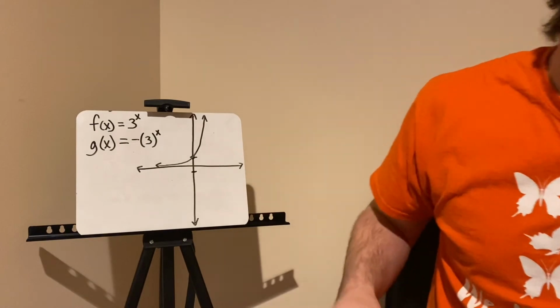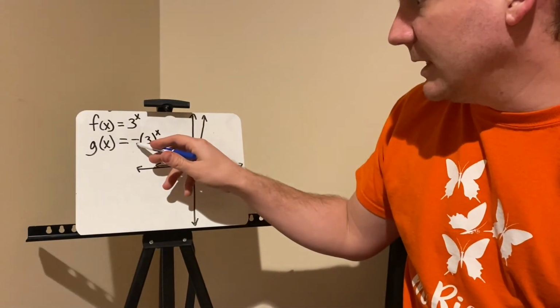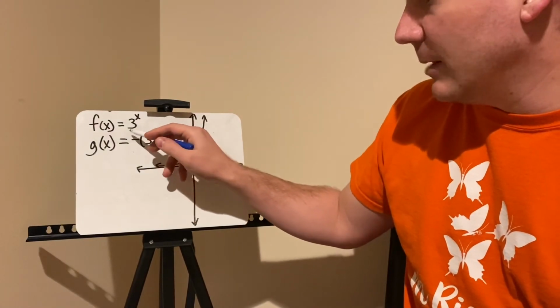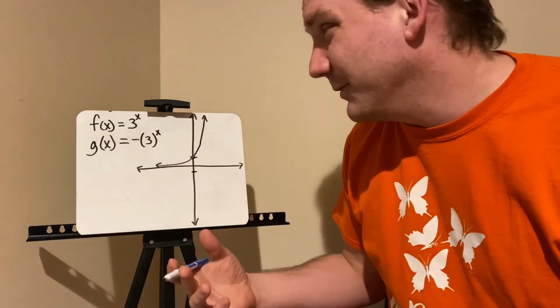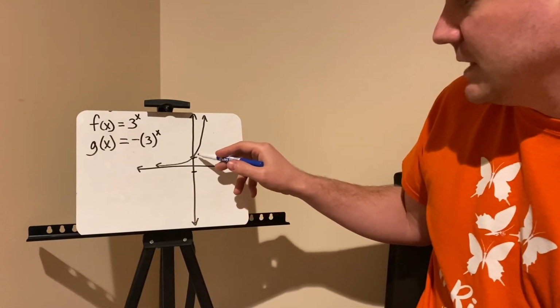This one is a reflection. So the reflection is when you put the negative in front of it. Now be careful, the base here is not -3, but more so like I'm multiplying by a factor of -1. So here's f of x equals 3 to the x right here.